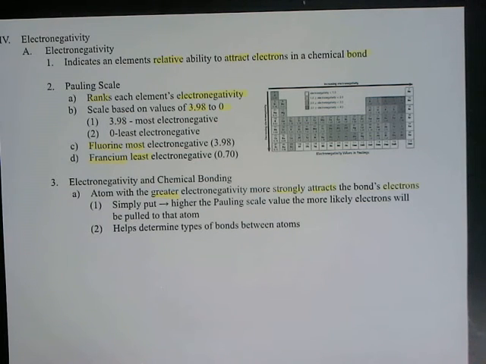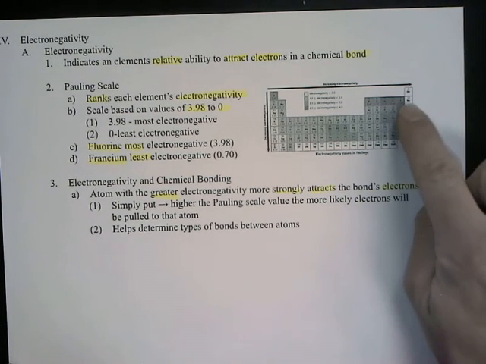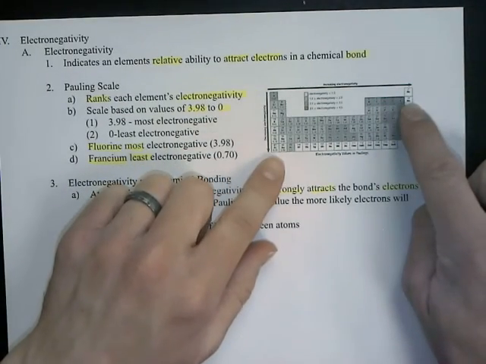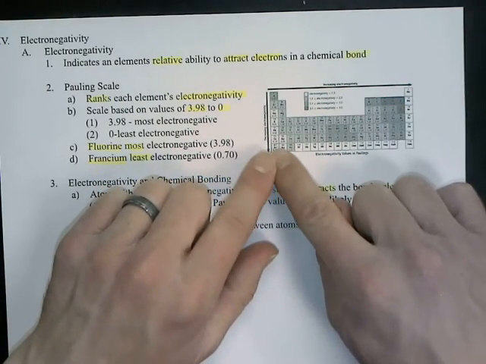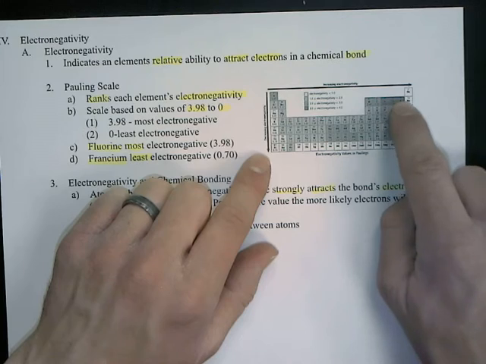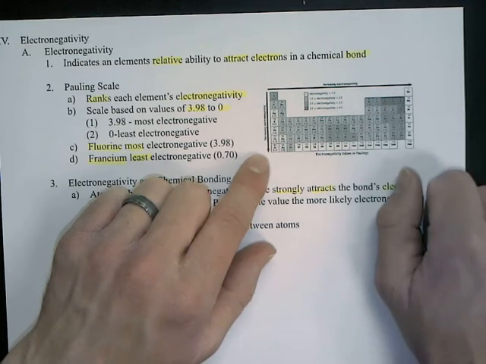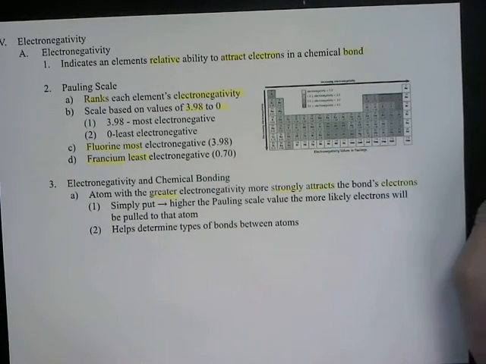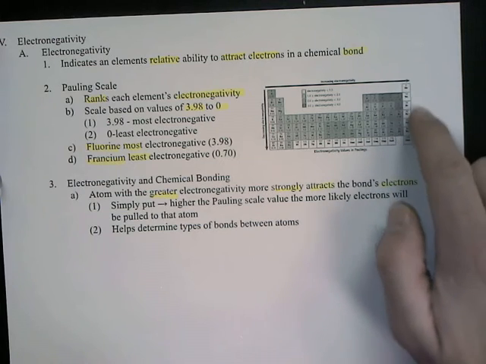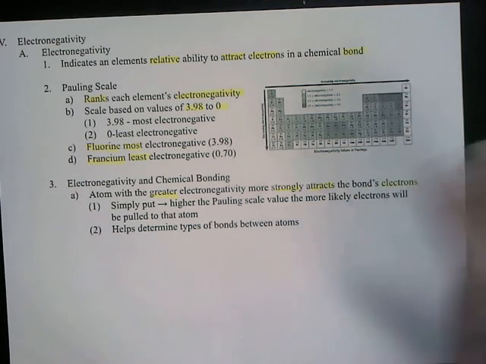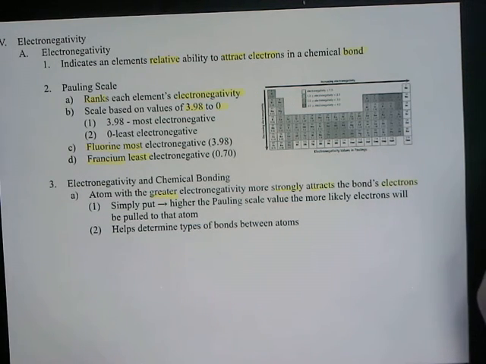Now, francium is in the lower left. This is the least electronegative, and fluorine in the upper right is the most electronegative. I also want to point out that the noble gases do not have an electronegativity associated with them because they want to retain all of their electrons.